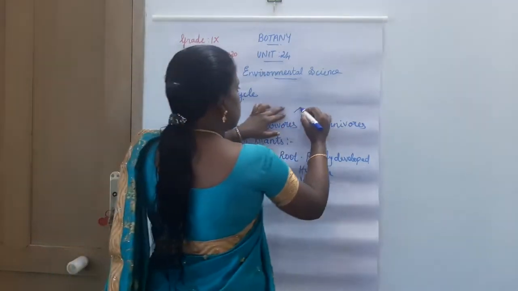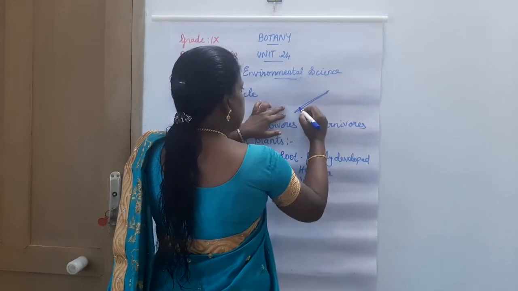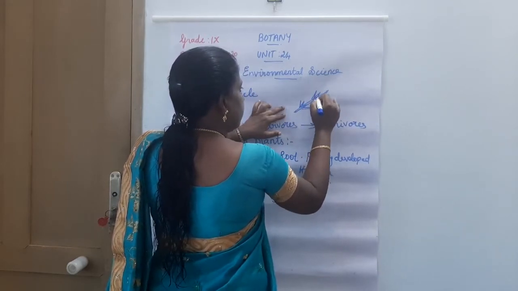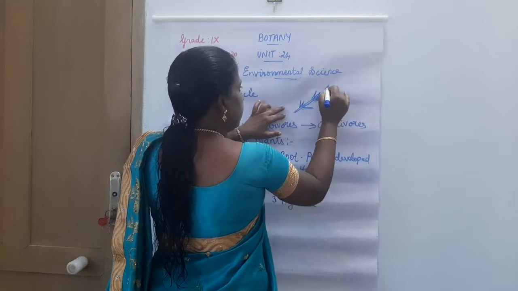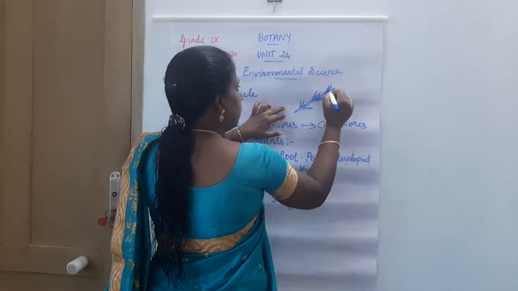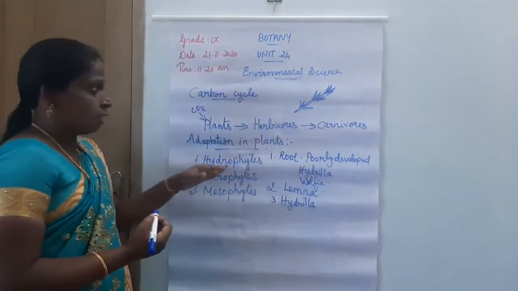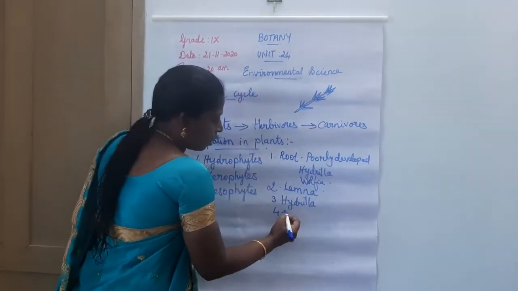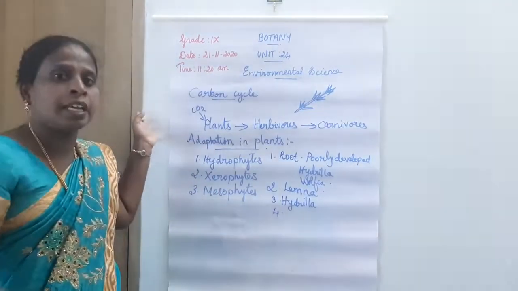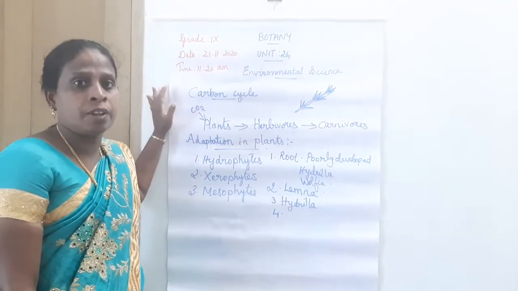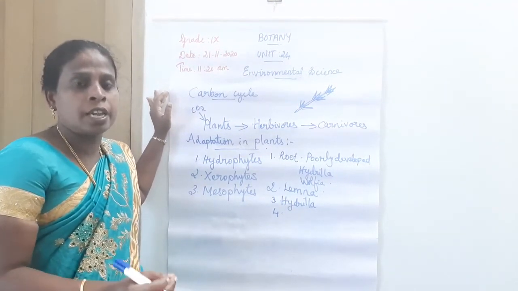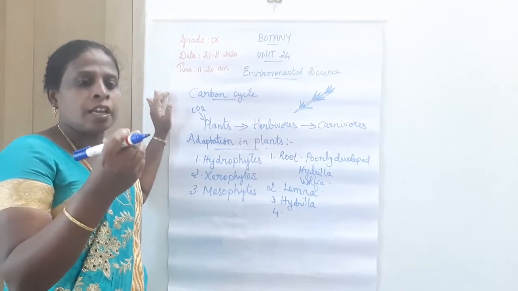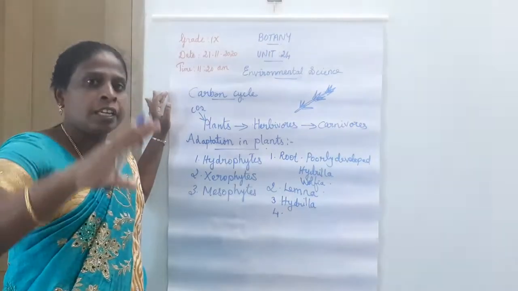You all know, see the stem portion, the leaves are finely divided. That is the character of the hydrilla. The fourth one is, often the water level will change in the pond, river, etc. So based on that, the length of the petiole of the leaves is changed.